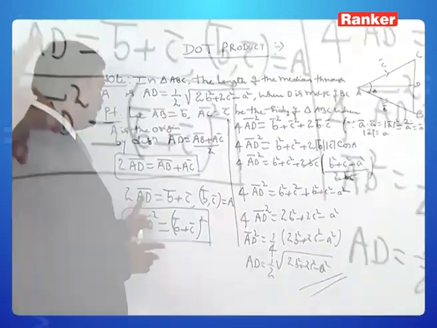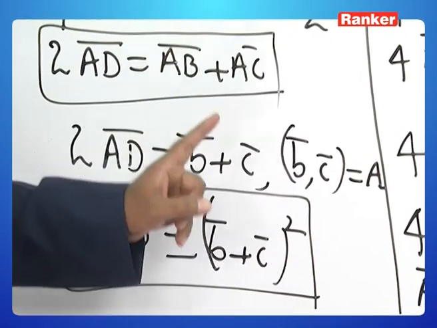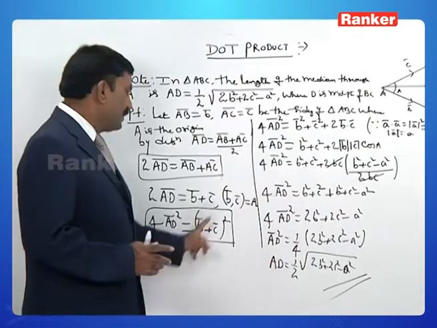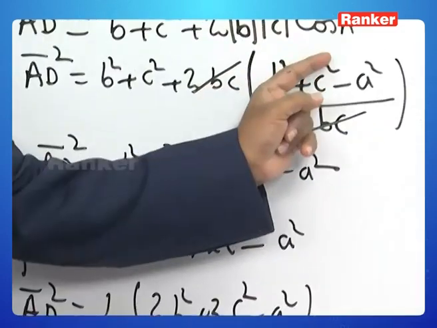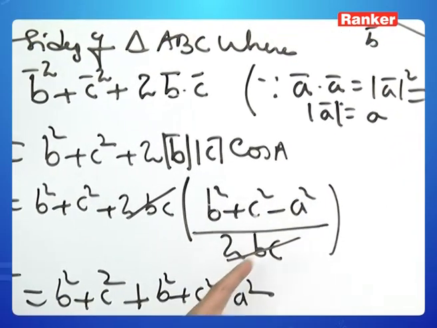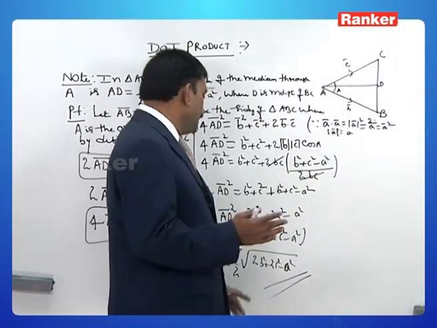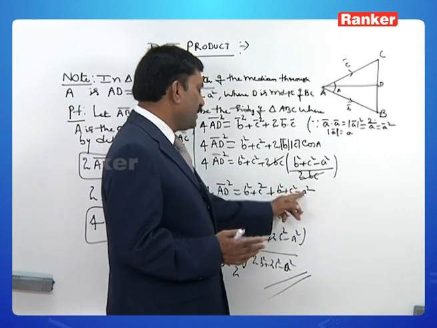Cross multiply, then 2 AD bar. Squaring on both sides, we get b dot c, which is cos A. By the cosine rule, b square plus c square minus a square by 2bc. This gives b square plus c square plus b square plus c square, these two get cancelled, leaving a square.